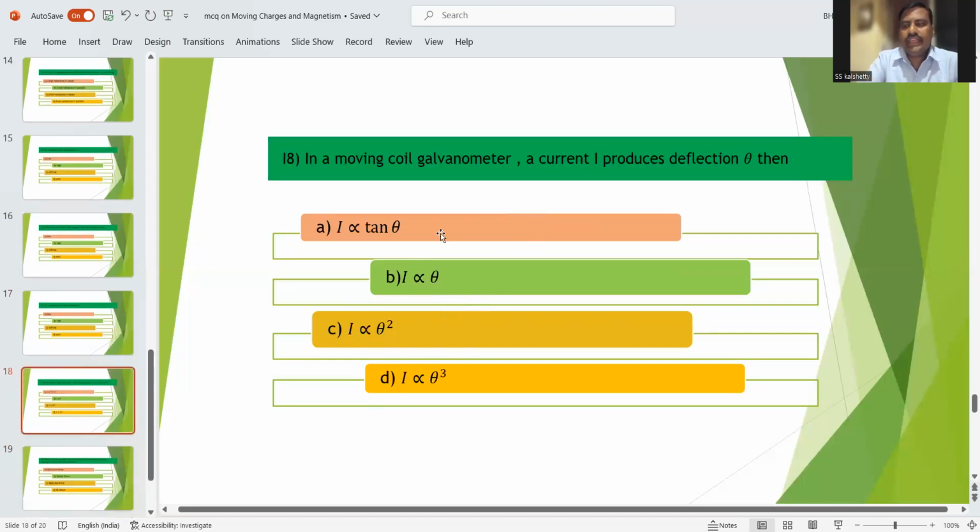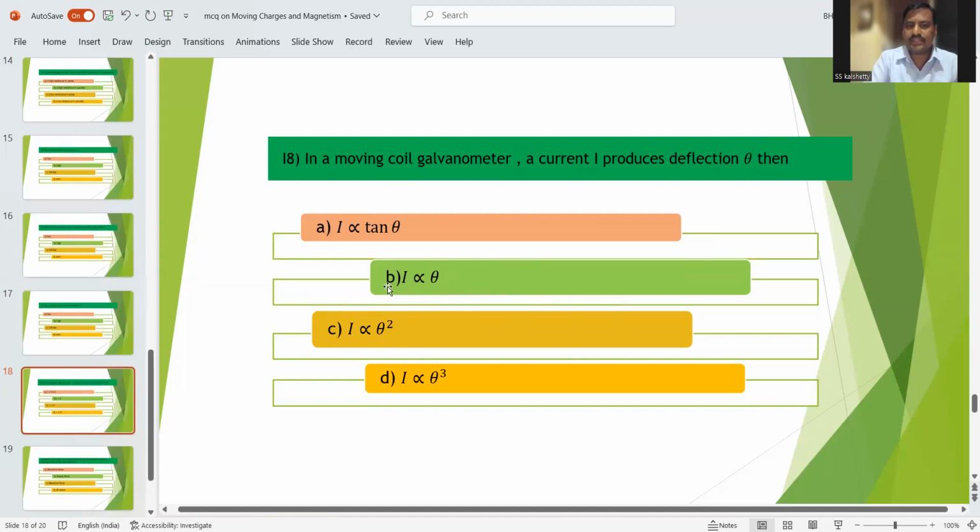Now see the 18th question. In a moving coil galvanometer, a current I produces deflection theta. We know that in a moving coil galvanometer, the deflection produced is directly proportional to the current in the galvanometer, meaning I is directly proportional to theta. Option A: I is directly proportional to tan theta? No. I is directly proportional to theta?